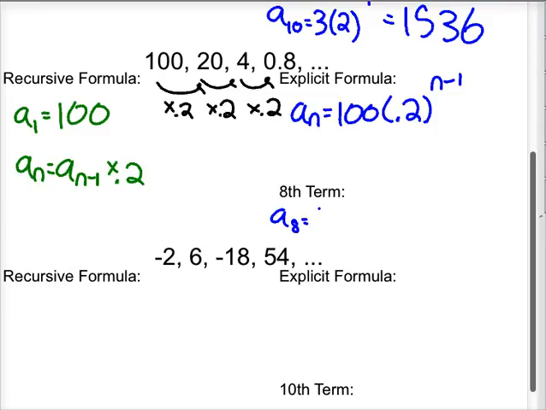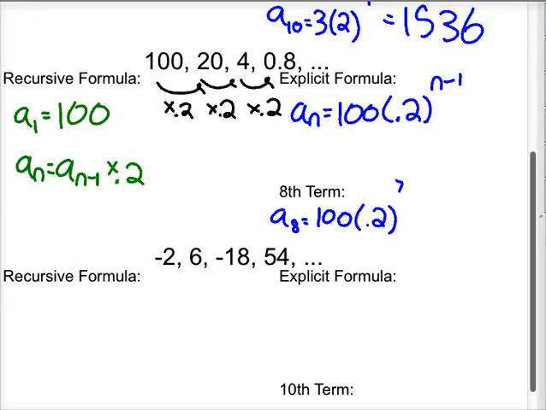So to get my 8th term, I plug that into my calculator. Well, the nice thing is I know 8 minus 1, so I'm just going to call that what it is: 7.